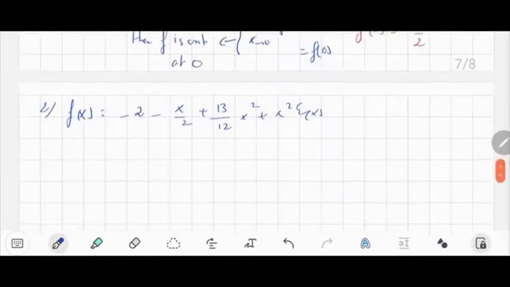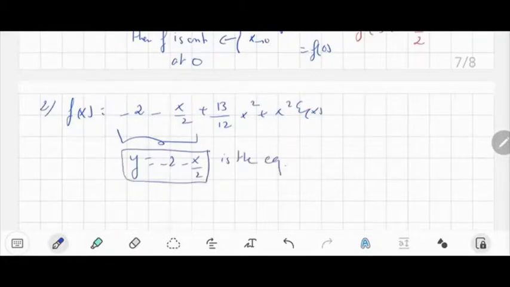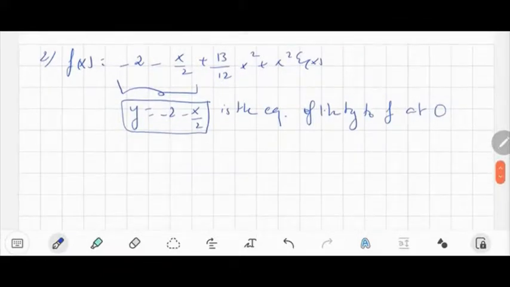So for the tangent, I take the term of order 0 and the term of order 1, and I say that y equals minus 2 minus x over 2 is the equation of the tangent to f at the point 0. Now to investigate the position of the tangent with respect to the function, we remark that the limit of f of x minus the tangent, when x tends to 0 plus or 0 minus, it's the same thing because we have x squared.